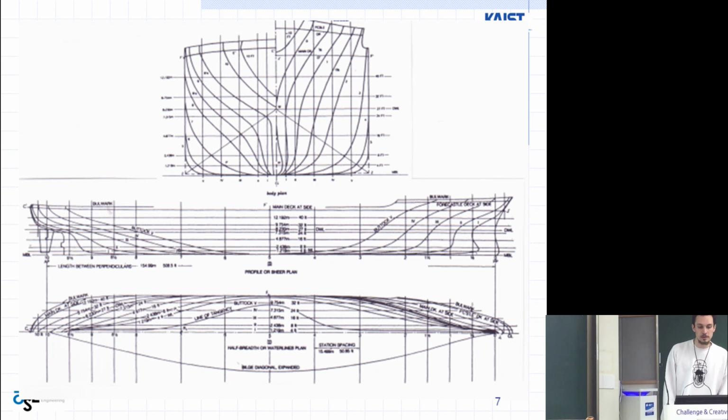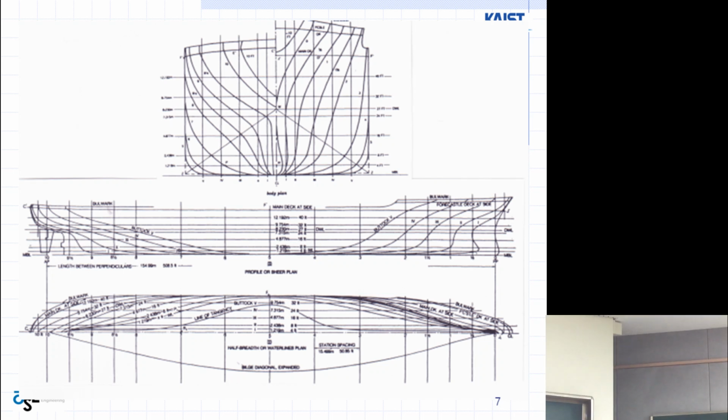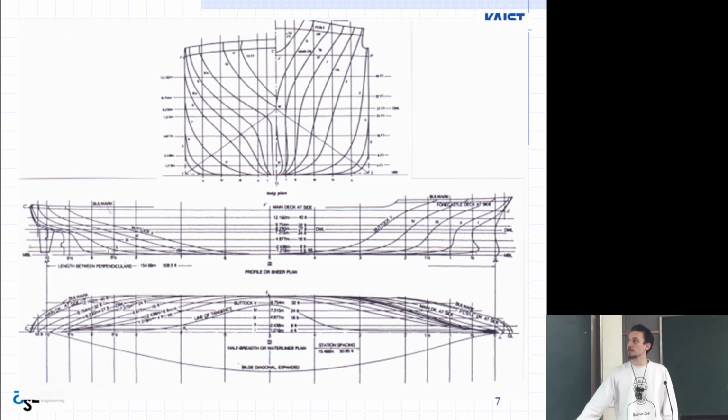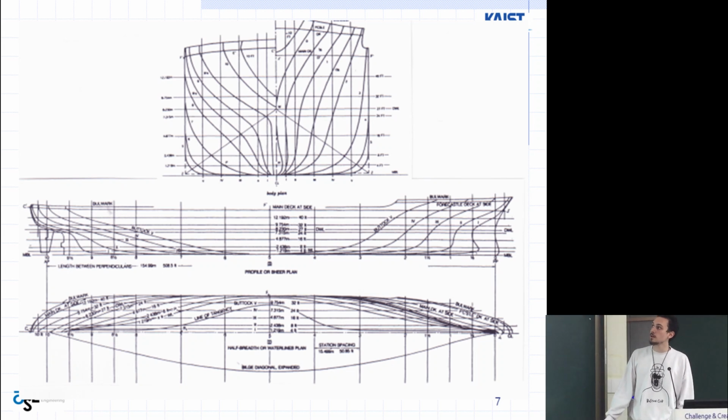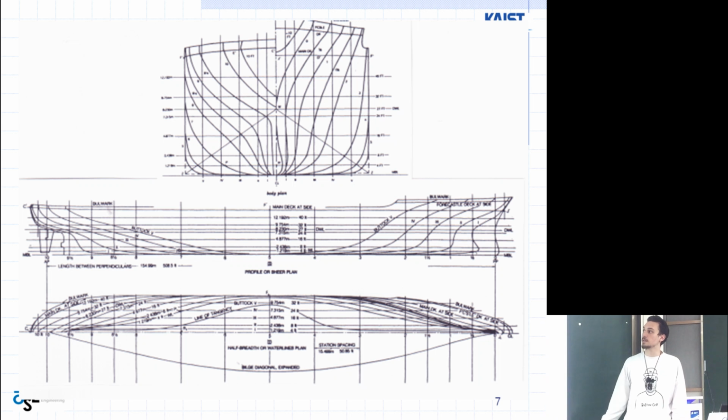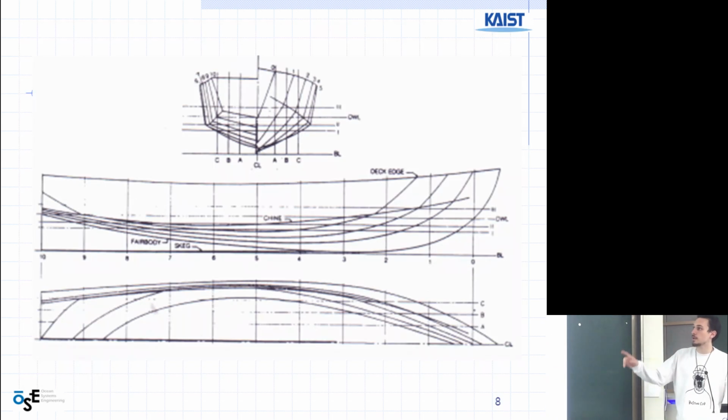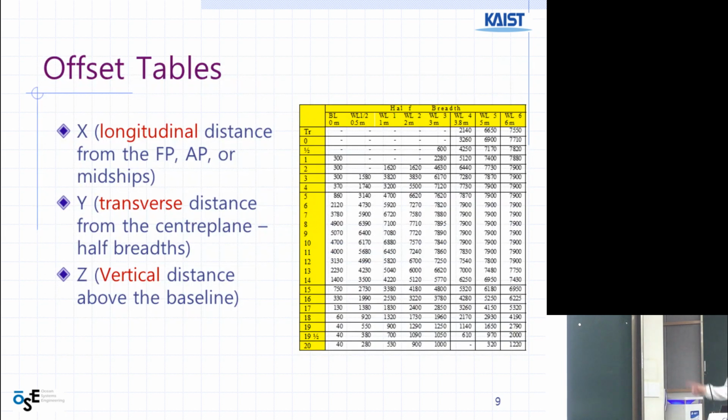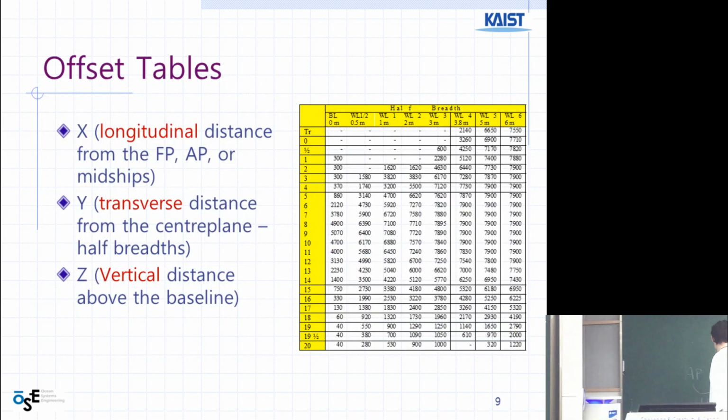So we saw the lines in a plan, but we can also express them in tables. These are called offset tables. And we find again the three coordinates, so I will draw maybe.